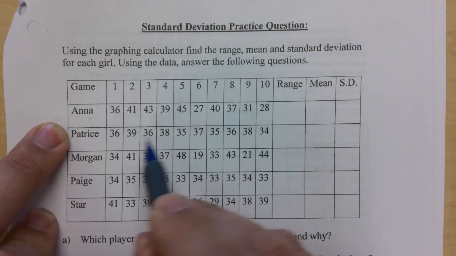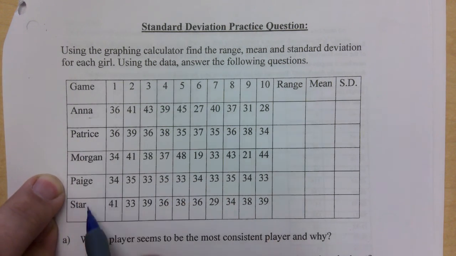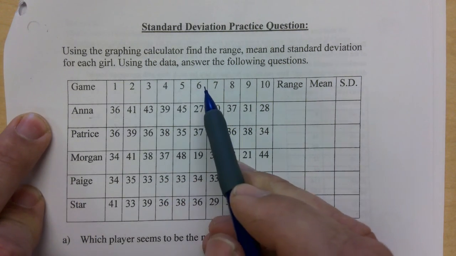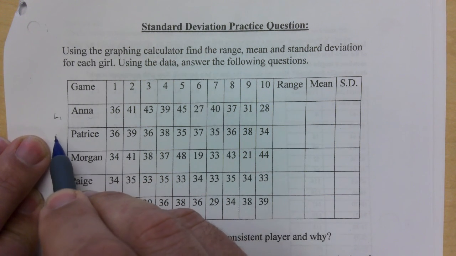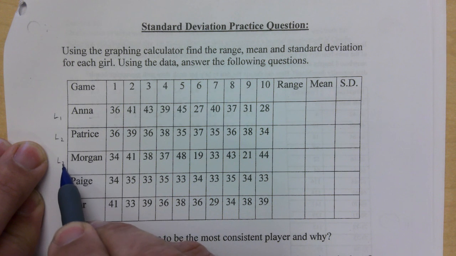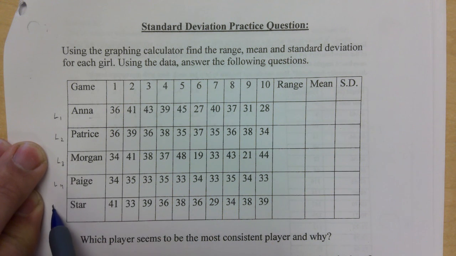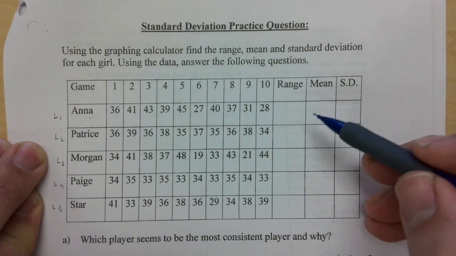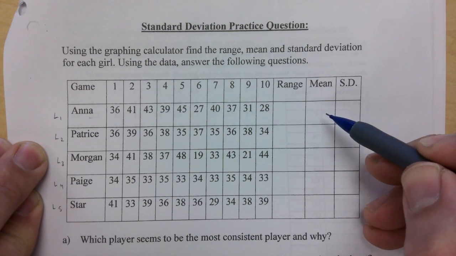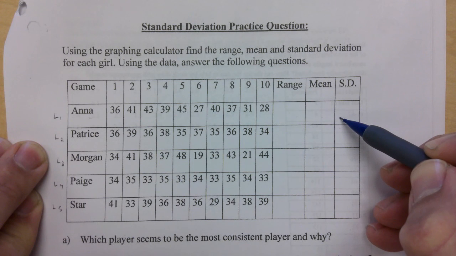Here we're comparing 5 different players, right? So I'm going to ask you to put this into L1, L2, L3, L4, and L5. That's what we're going to do. And I want you to find the range, the mean, and the standard deviation for every single player.